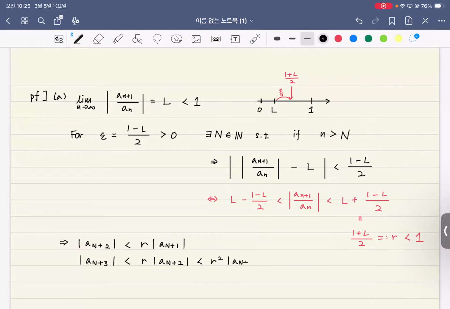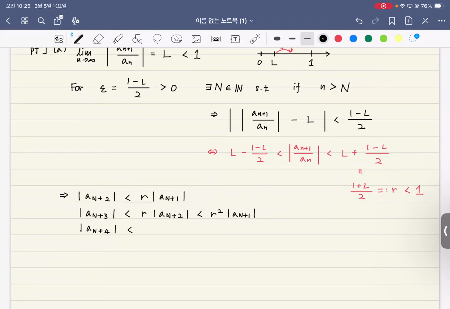Yeah, I know this is going to be a little bit tedious, but let me do just one more thing. a_{N+3} is less than R times a_{N+2}, but this is less than R squared times a_{N+1}. And just keep going like this. Maybe you can use mathematical induction. So the absolute value of a_{N+k} should be less than R to the k minus 1 times a_{N+1}.